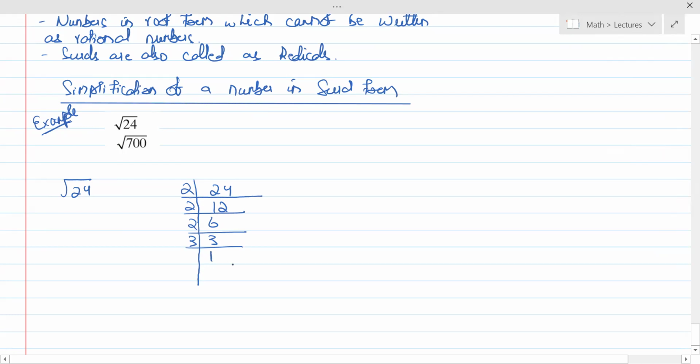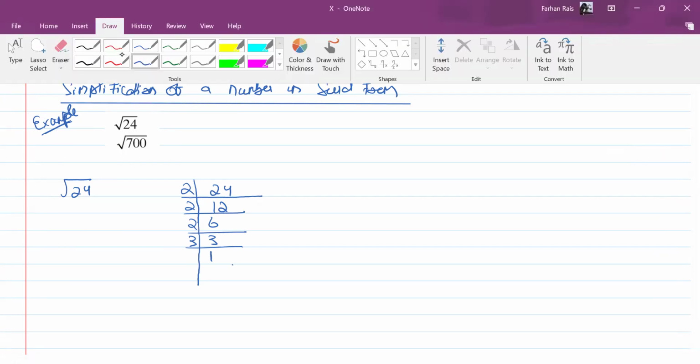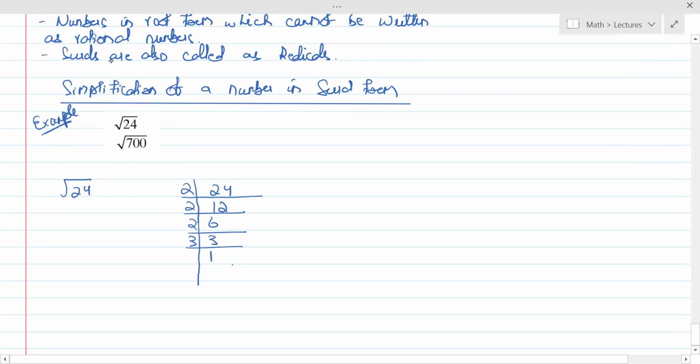And then we pick up powers of 2, or we pick up pairs here. When I say pair, we have only this one pair formed.